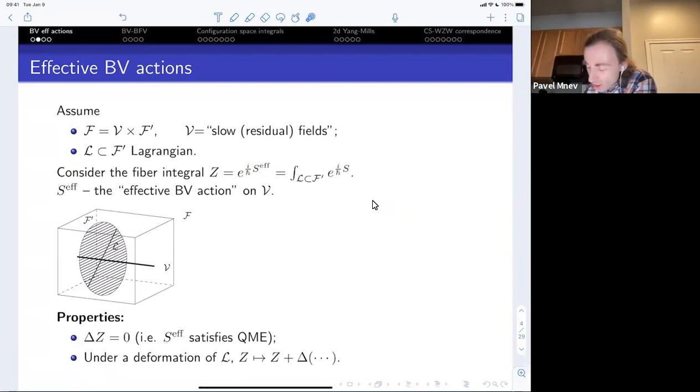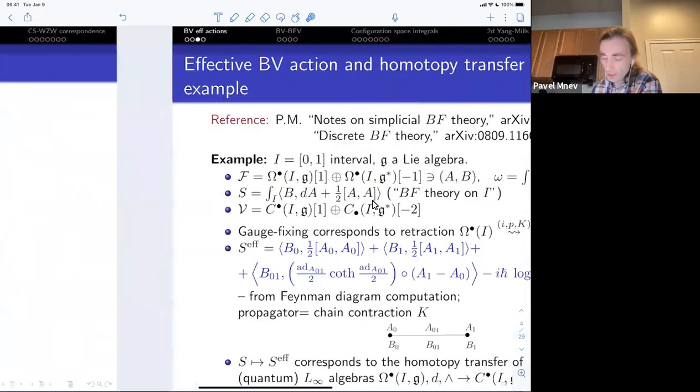And if I change my gauge fixing Lagrangian L, then the effective action changes by a canonical BV transformation, the appropriate version of the action of a symplectomorphism here. And on the level of this Z, it's just a shift of Z by an exact term with respect to the BV Laplacian.